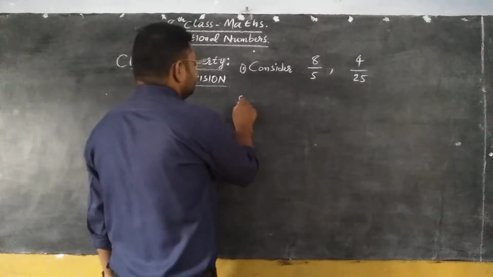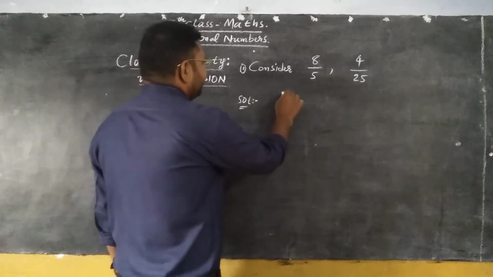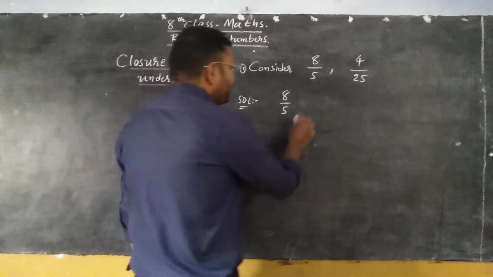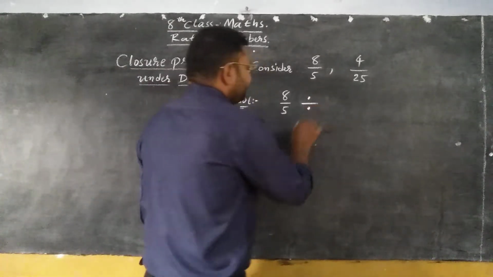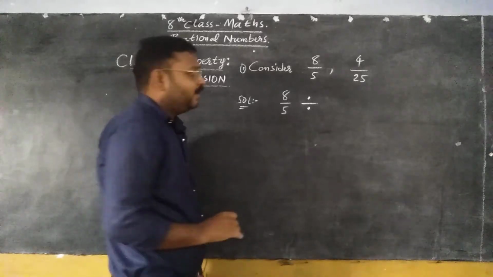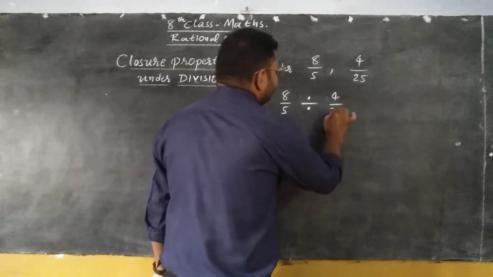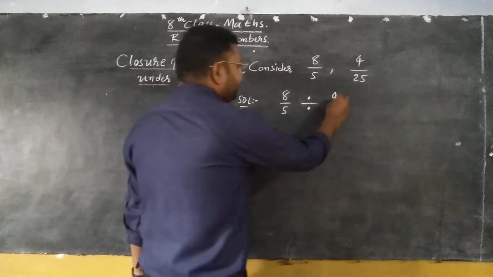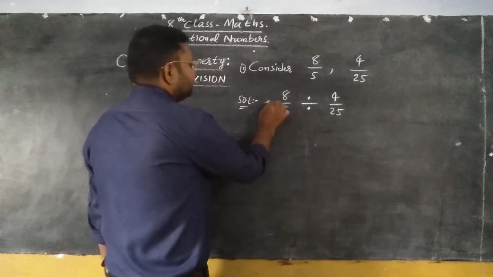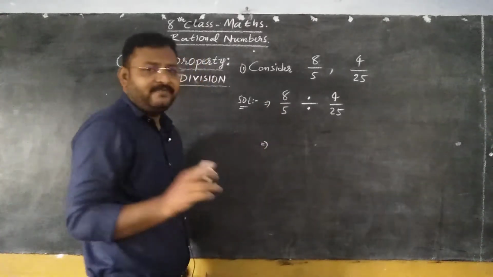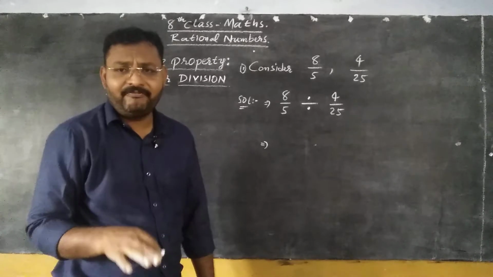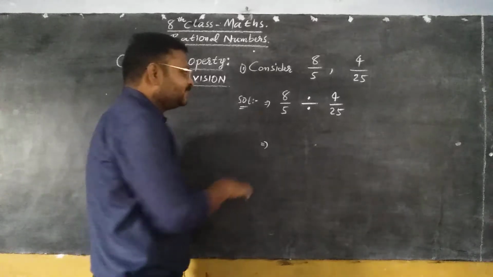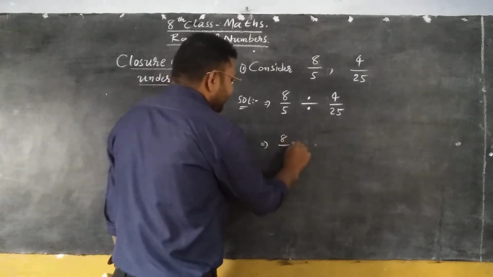Now division. First you write 8 by 5. Now apply the division symbol, divided by 4 by 25. Next, the process, as I said in the previous problem also, is to write the first fraction as it is. 8 by 5 as it is.